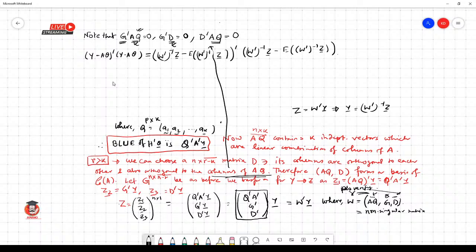Okay, so we write this as z curl minus expectation z curl prime W inverse W prime inverse z curl minus expectation z curl, and this is again written as z curl minus expectation z curl prime W inverse z curl minus expectation z curl.